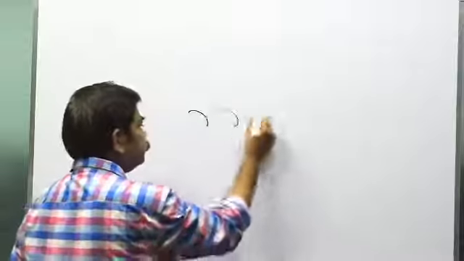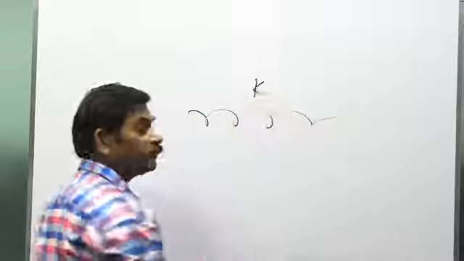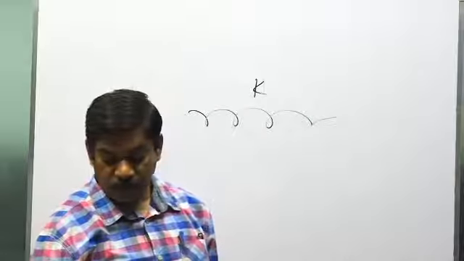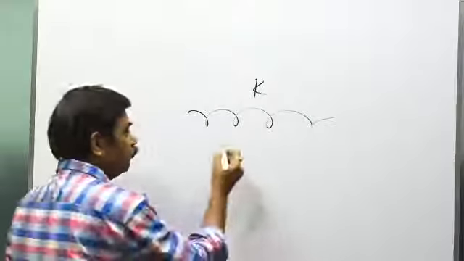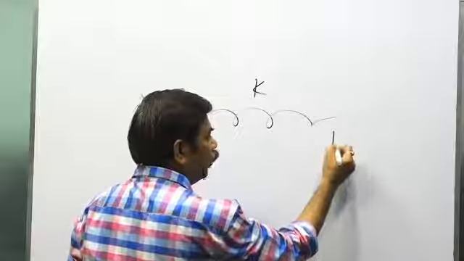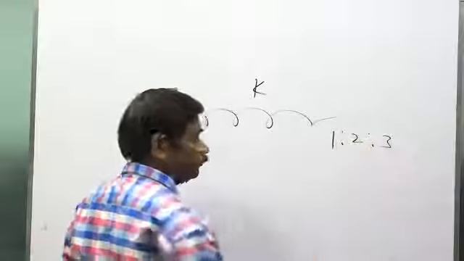So see, one question is that there is a spring of force constant K. This is cut into 3 parts which are in the ratio 1, 2, 3.